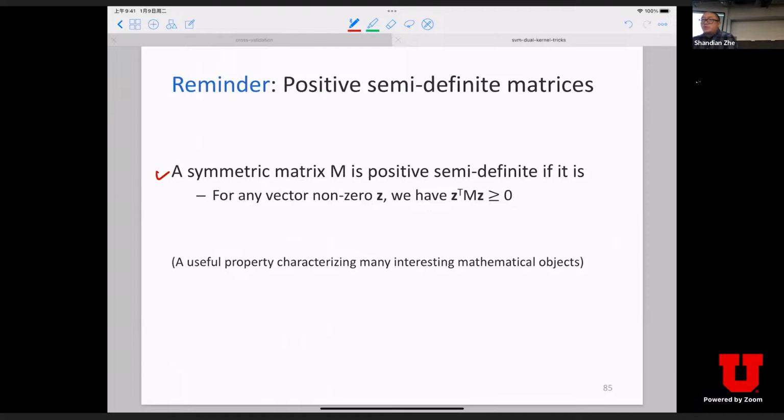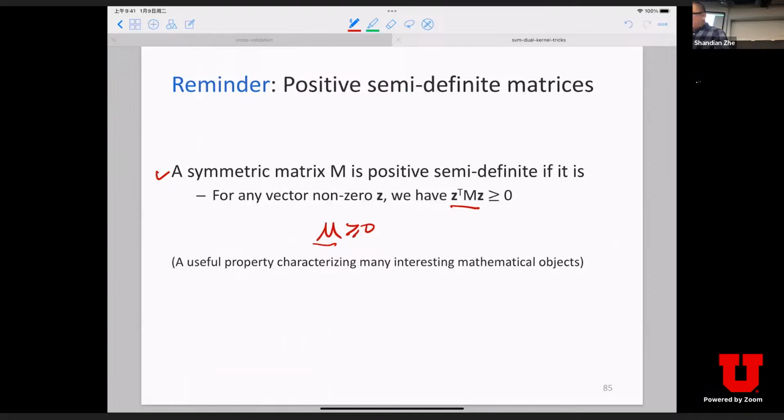If we have a symmetric matrix M, and for any non-zero vector z, z transpose M z is non-negative, then we claim that M is positive semi-definite. Some books just use the notation M is no less than 0. This doesn't mean every element of M must be non-negative. It just means that M is positive semi-definite.